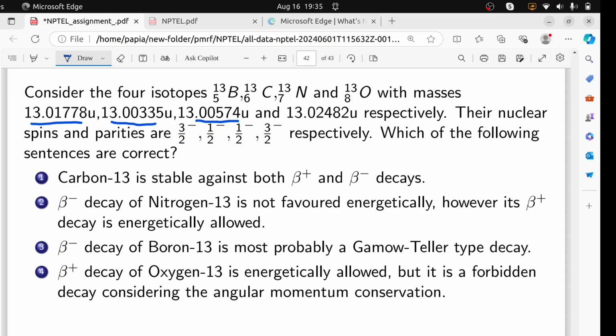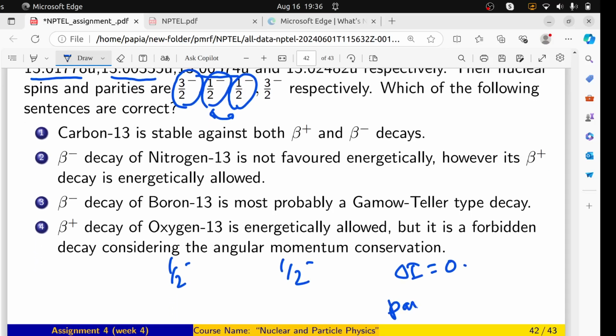But let's see if it is stable or not. Stable means we have to check Iπ. So Iπ is 1/2 minus here, and 3/2 minus here. So 1/2 minus can go to 1/2 minus. That is fine, because just now we saw delta I is 0 for that case. 1/2 minus to 1/2 minus means delta I will be 0 and parity will be no change, right?